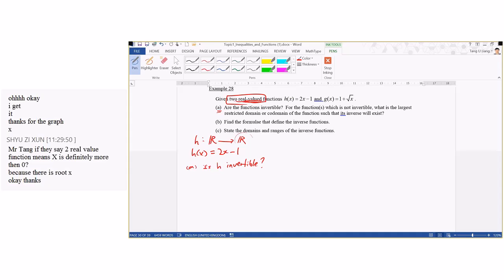Try not to confuse with g. We're not doing g yet. We're still doing h first. So the codomain of h is actually R. You see it over here. That's how you should see it from here.